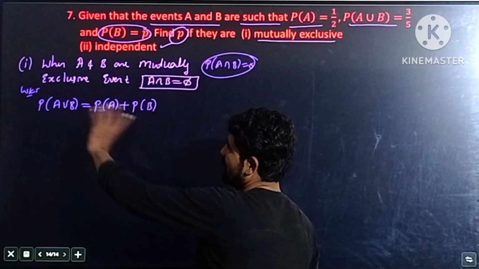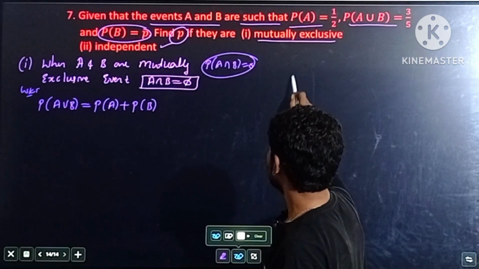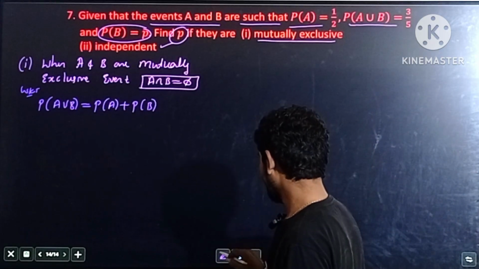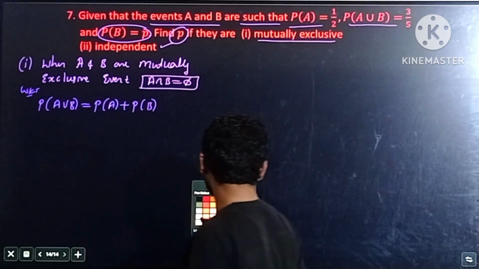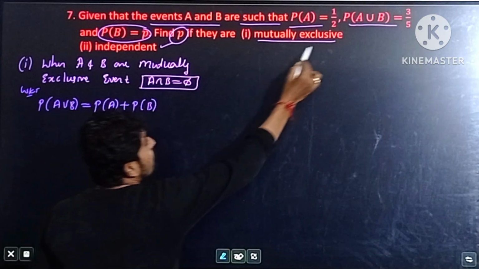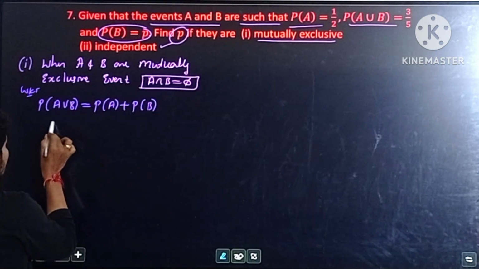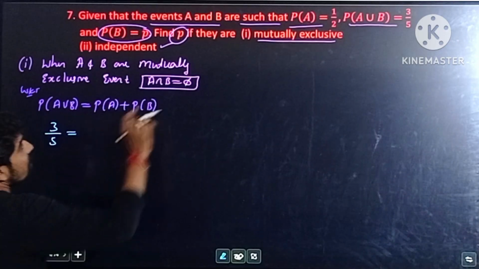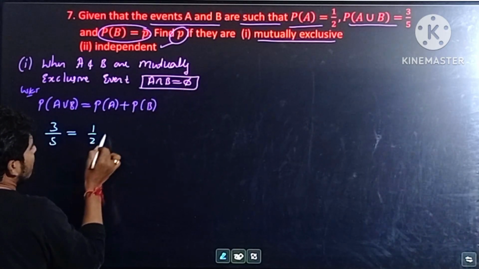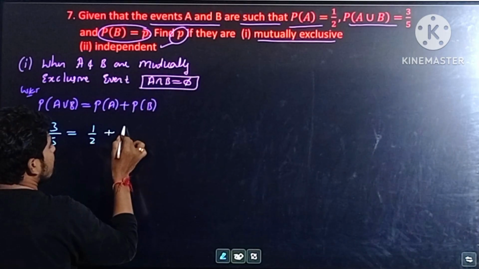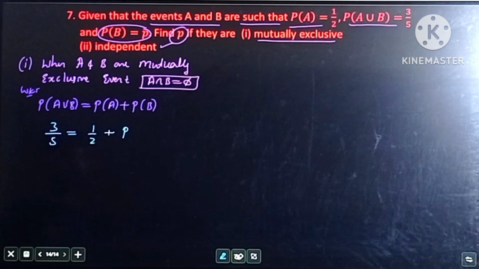That's why probability of A union B is equal to only probability of A plus probability of B. Just substitute the given values here. Here the probability of A union B is 3 by 5, which is equal to probability of A, 1 by 2, plus probability of B is P, which we need to identify here.